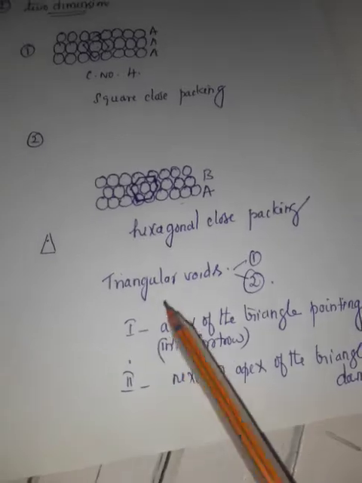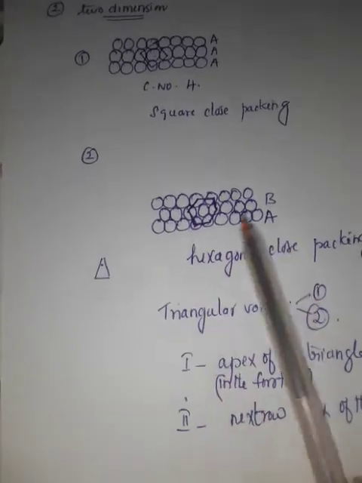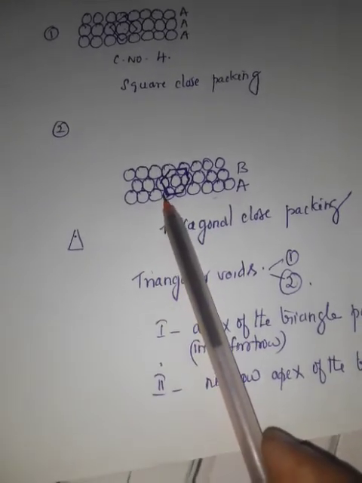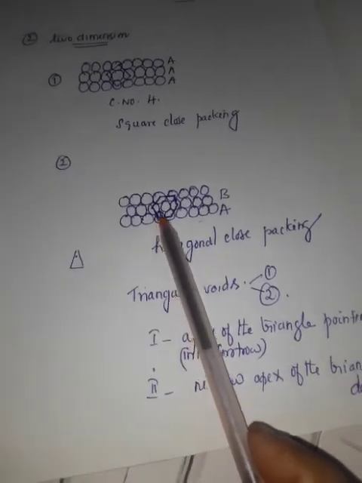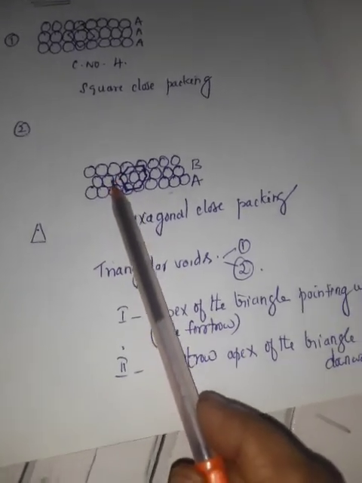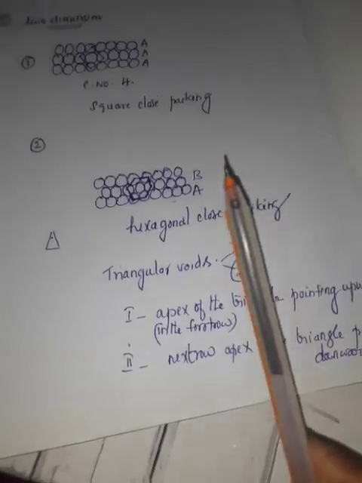So triangular voids in hexagonal close packing are of 2 types. In the first row, the apex points upwards. In the second row, the apex points downwards.